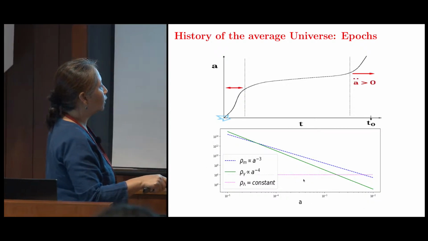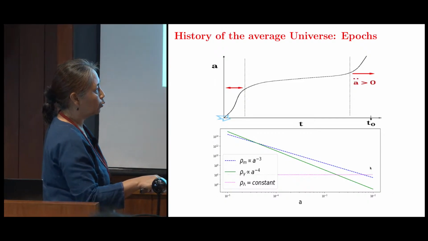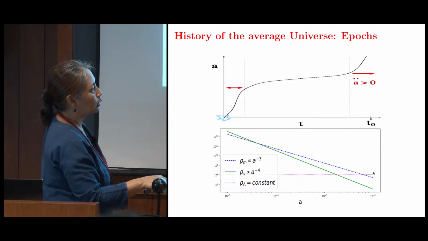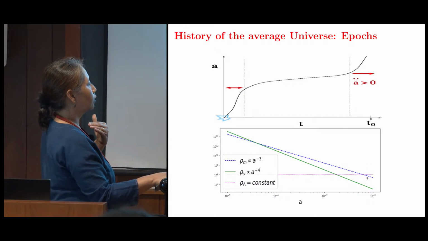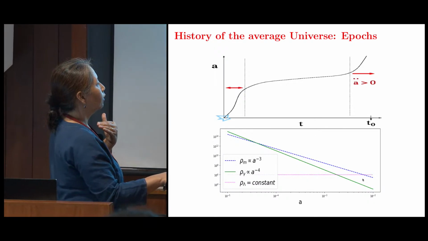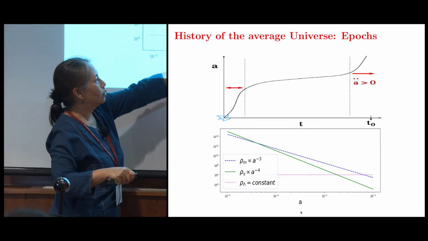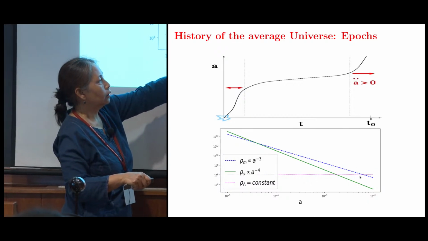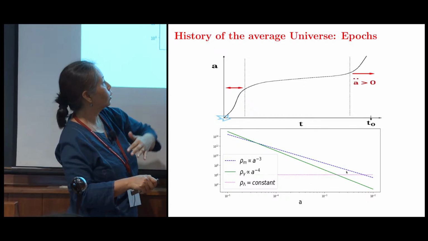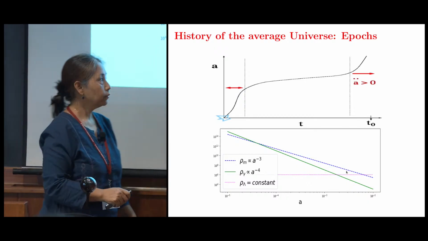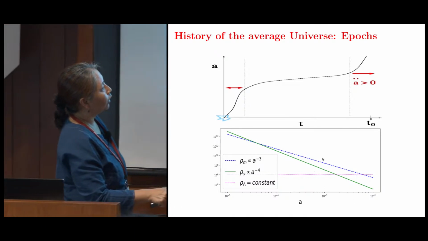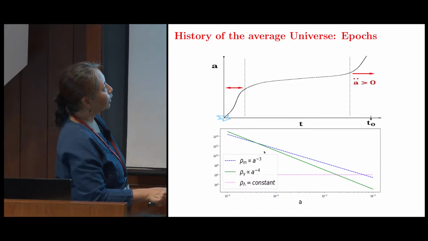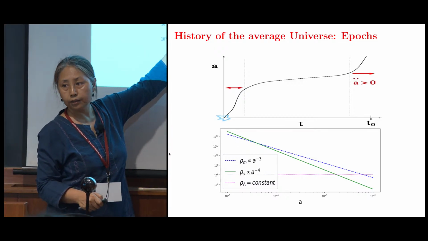So this magenta line is the one dominant here, we are here today. Then if I go back in the past, because in the past this is constant, this one would be the one which is dominant, it will increase, because in the past it is increasing. But if I go back further in the past, there will come a time when this one will be larger.